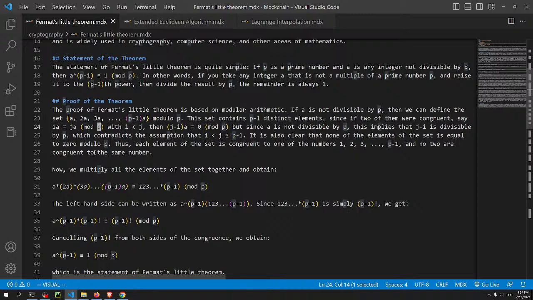Okay, now I get it. Saying that j is bigger than i, why is j minus i times a equal to 0 as the remainder? It's saying that it's going to be divisible by p.